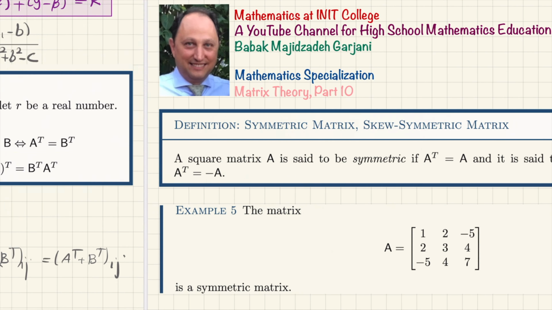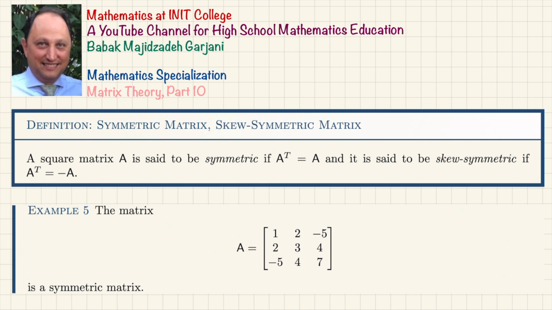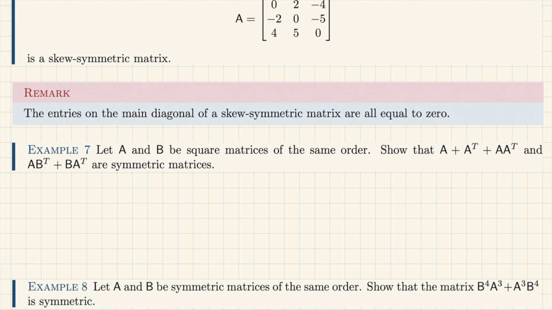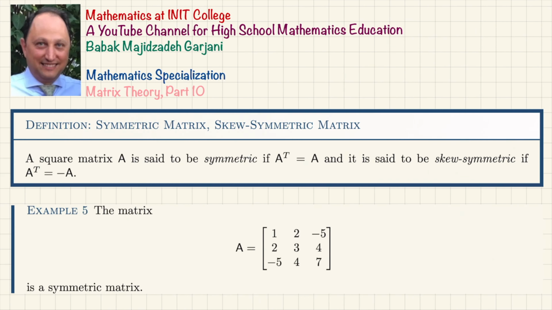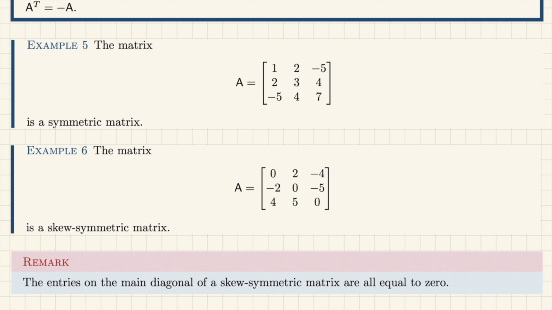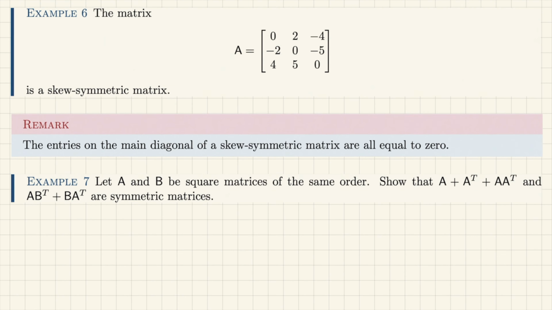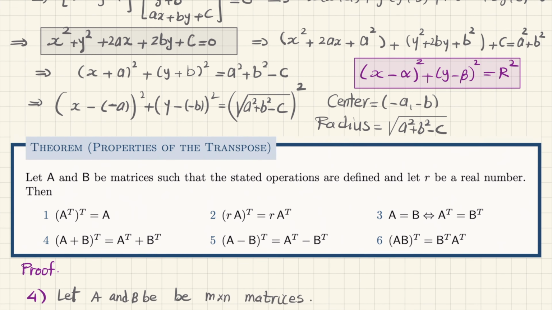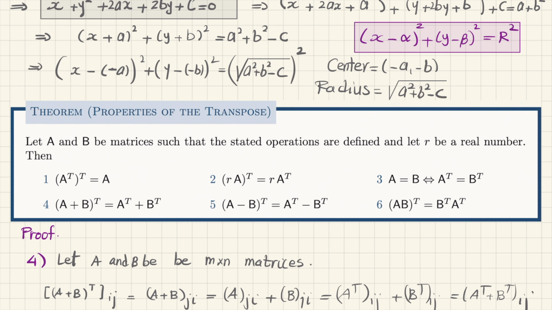Okay. So let me see. Maybe there are some things that I want to talk about before going to this. Something that I want to mention. What do you think?